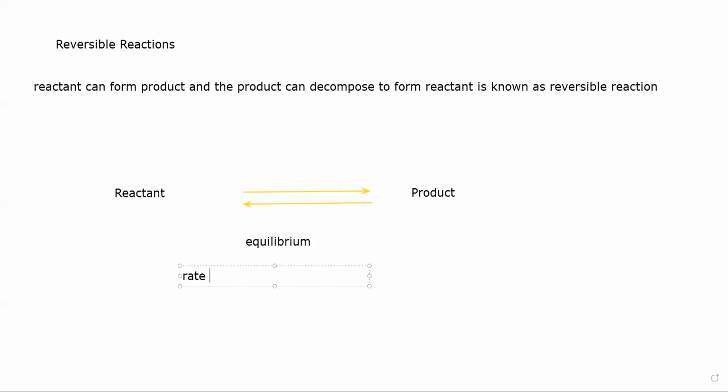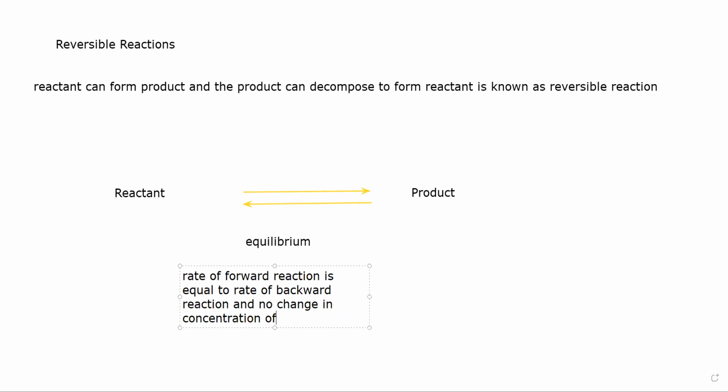Equilibrium means that the rate of the forward reaction, when the reactant is forming a product, is equal to the rate of the backward reaction, and there is no change in concentration of reactant or product.